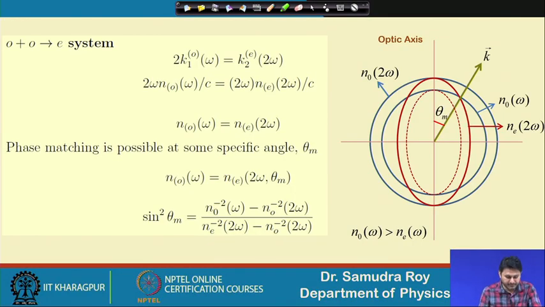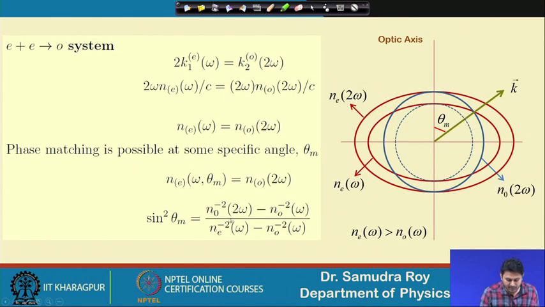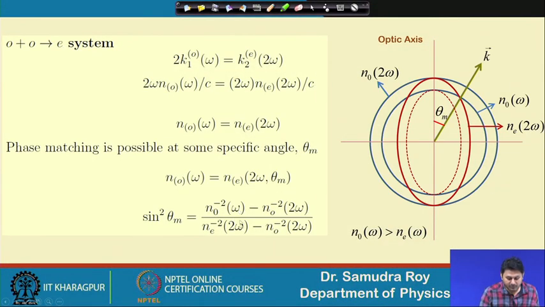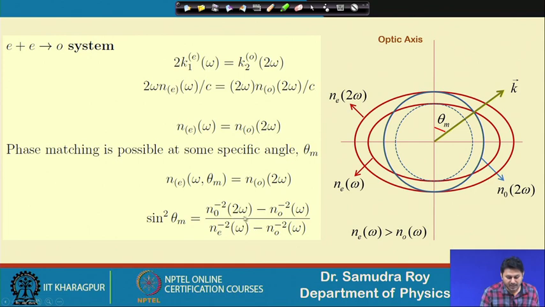Go back to this expression once again. Here it is n_o to the power minus 2 at 2 omega, and then in the denominator we have n_e and n_o. What happens in this case? It is n_o, n_e, but if you look carefully, in the previous case we have omega, and in the later case we have 2 omega.